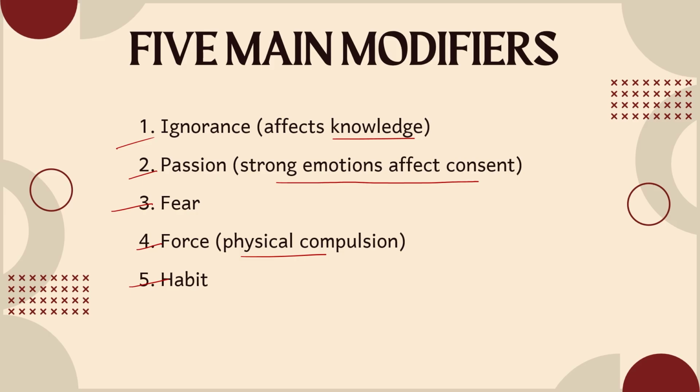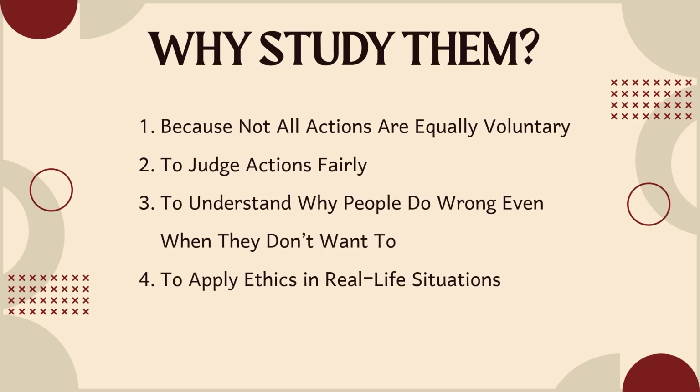These modifiers also play a part in this. When we want to prove somebody morally guilty or morally innocent, we also need to consider these five main modifiers. So let's see why it is important to study them.